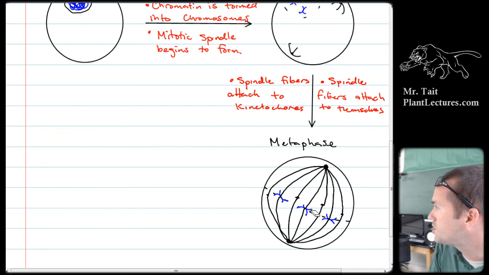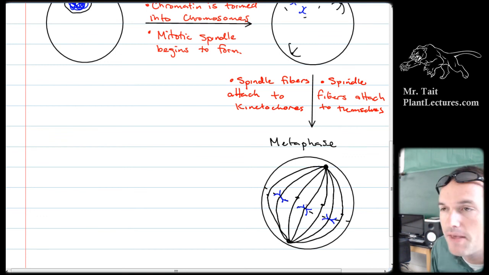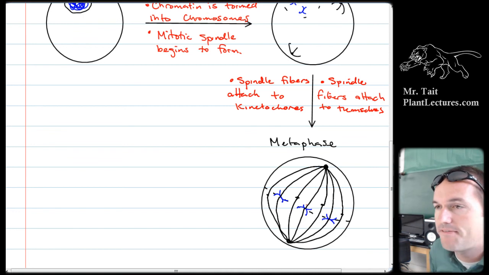And then they push these chromosomes into place. Okay. Now, this is something that is called metaphase checkpoint.